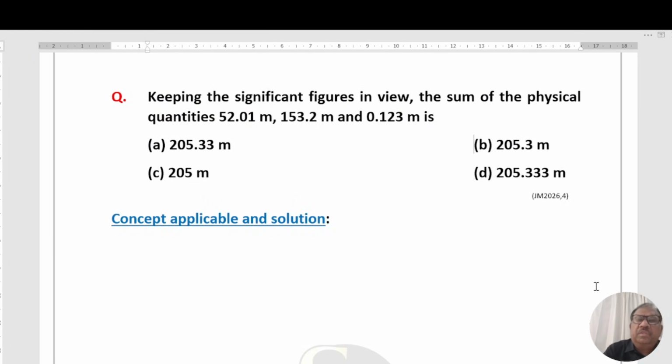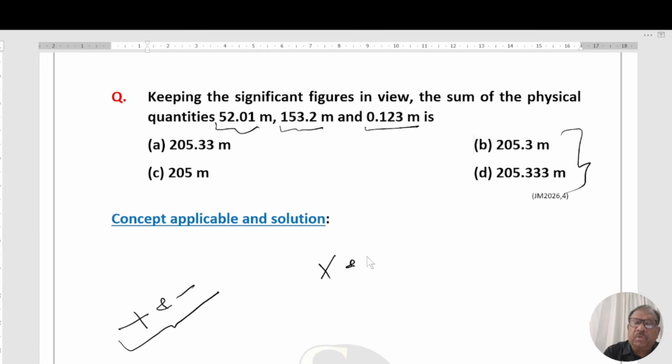Question is, keeping the significant figures in view, the sum of physical quantities 52.01, 153.2 and 0.123 meter is. Four options are given, one is correct. In case of plus and minus, the concept of significant figures is entirely different from multiplication and division.